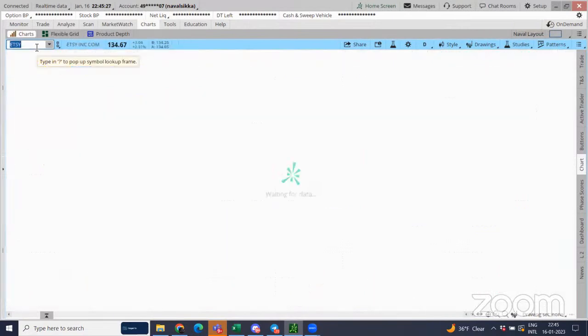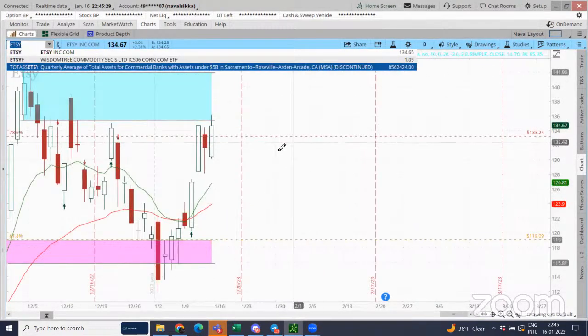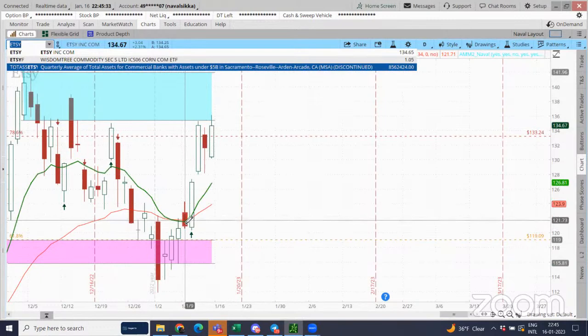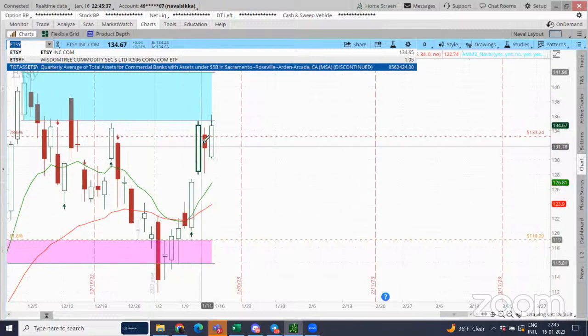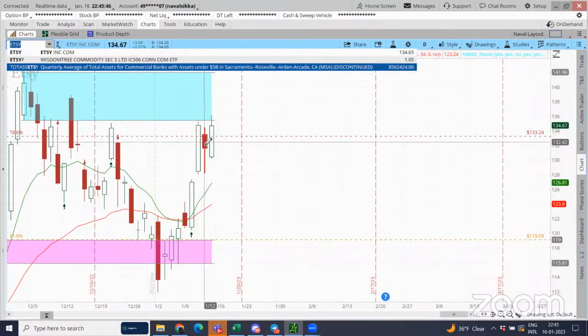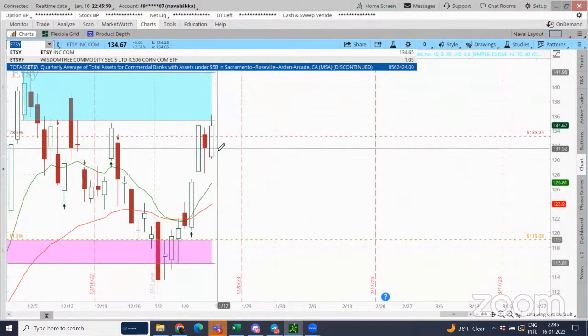Etsy could be one of the other companies which can really benefit. In the past week we were discussing Etsy right here, and since 120 we have seen almost 7-8% of move, which is towards 133, 134. Now it is consolidating in this range, is not making newer lows, it's making a higher high and definitely a higher low.